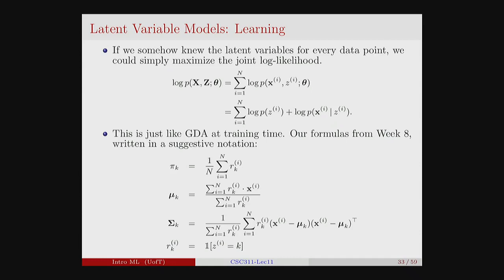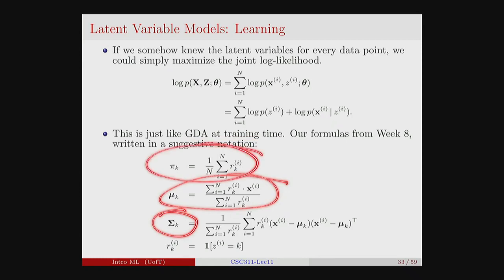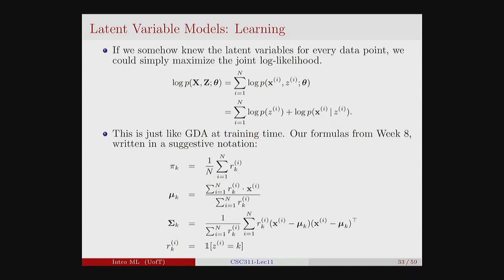Because now everything is fully observed, it means the log likelihood can be written as the summation of log p(zi) plus log p(xi given zi). And just like GDA at training time, you can run maximum likelihood estimation, set the derivatives to be 0, and get closed form solutions for the means, the covariances, and the prior probabilities of each of the different components of the Gaussian of this categorical distribution. So these are the maximum likelihood estimates, assuming that for each data point you knew what zi actually was.